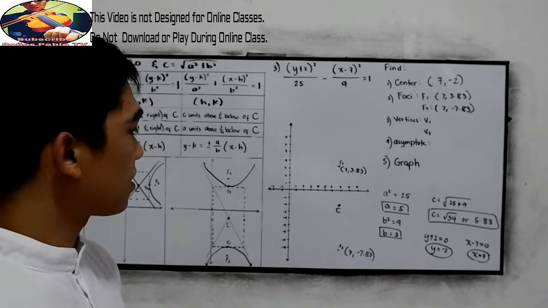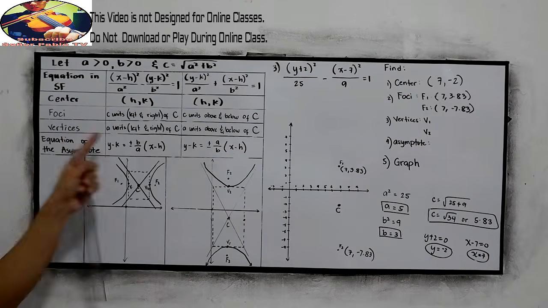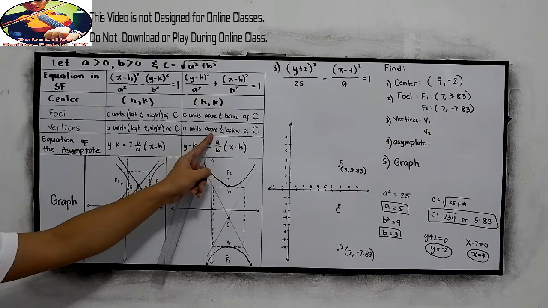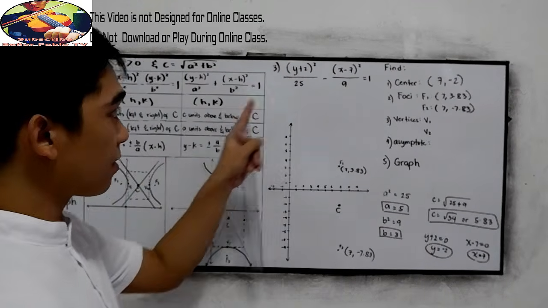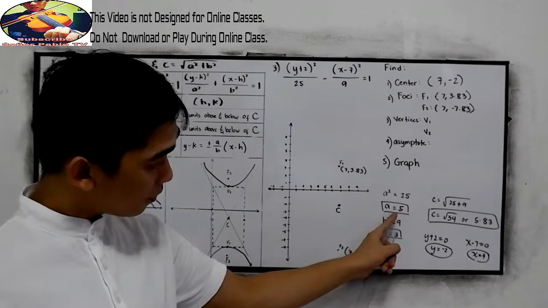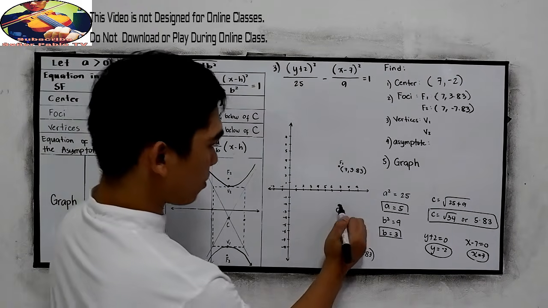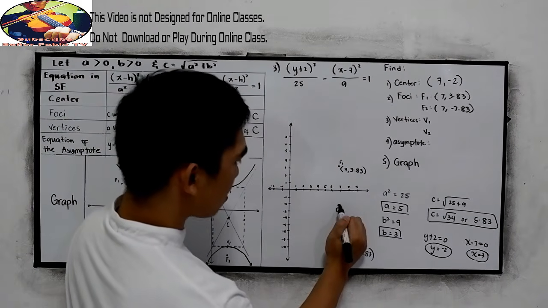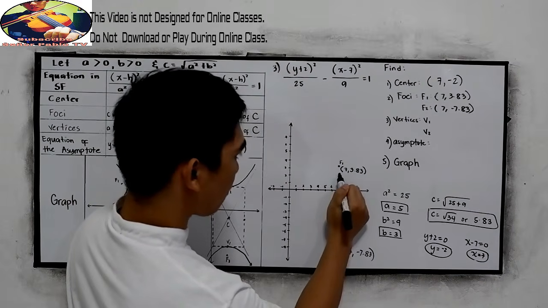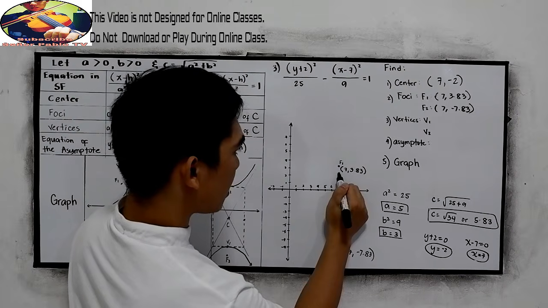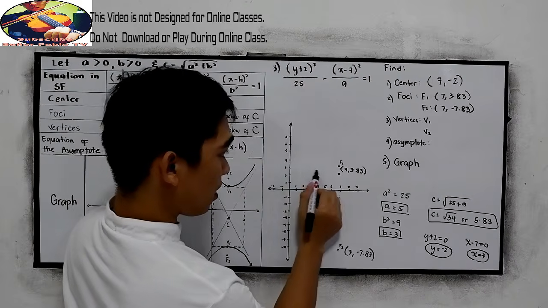Next, the vertices. So for the vertices, that is a units above and a units below of the center. Our a is 5. So let us count 5 units. 1, 2, 3, 4, 5. So it's on 3.